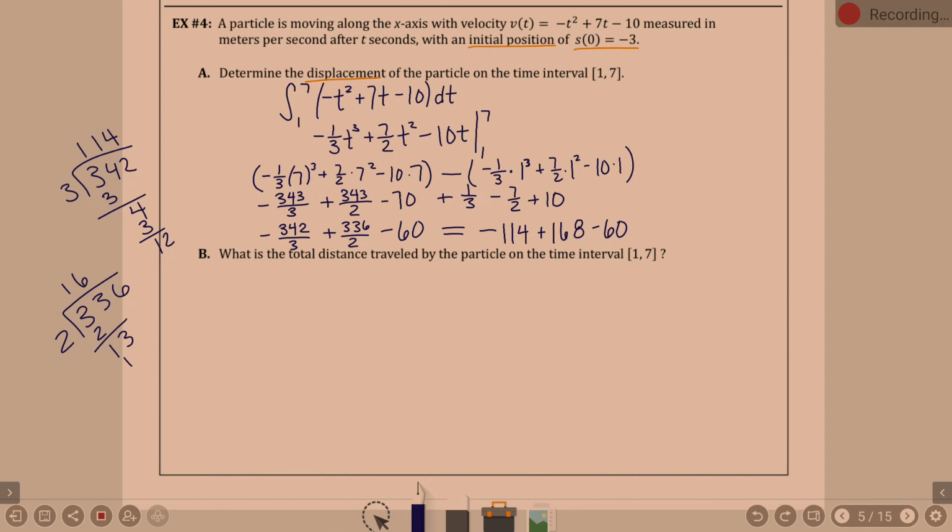I normally just can do it in my head, but I'm double checking myself. Okay. Well, negative 6, because you subtracted the 60 from 168. 108. So you're looking at negative 114 plus 108. I can see that.